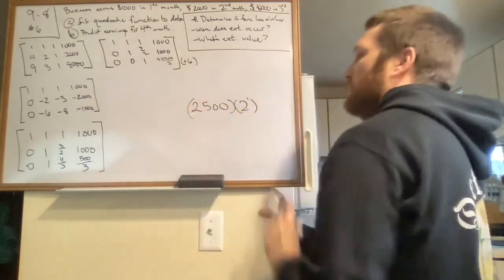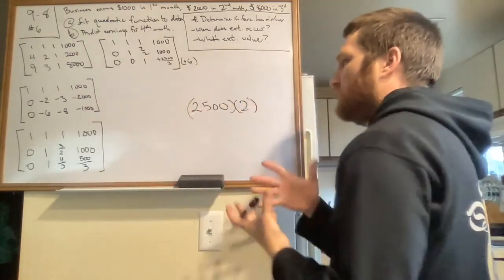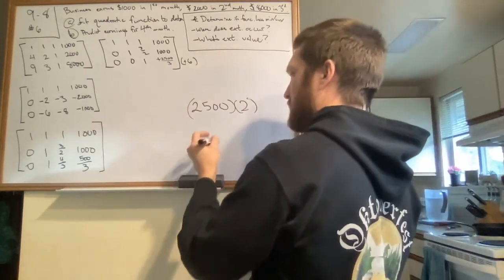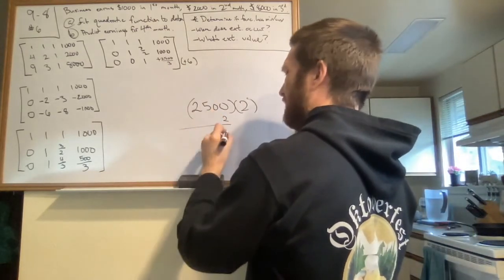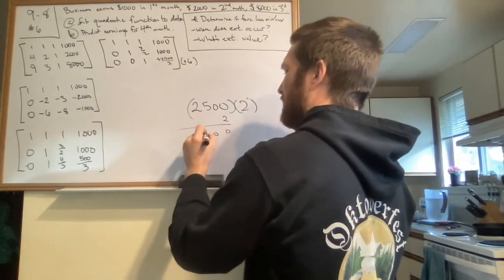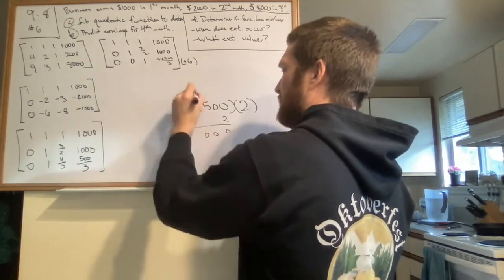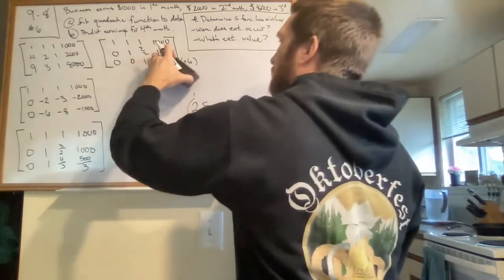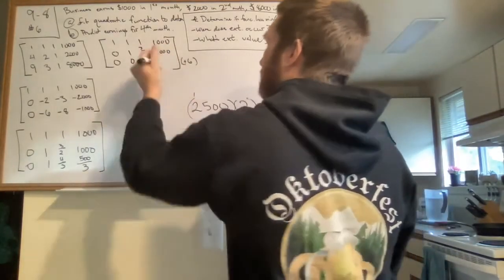So 2 times 2,500 should be what, 5,000? Yeah, let's make sure. Yes, 5,000. So multiplying that through gives me a 5,000.